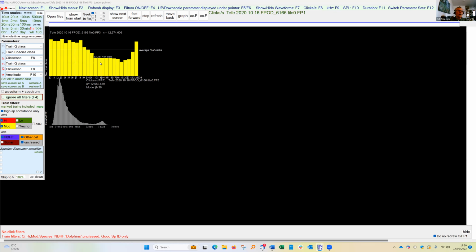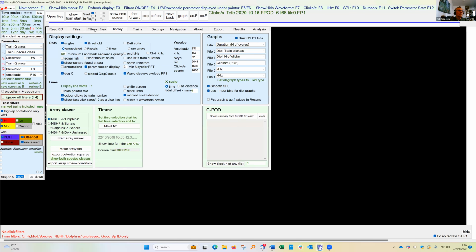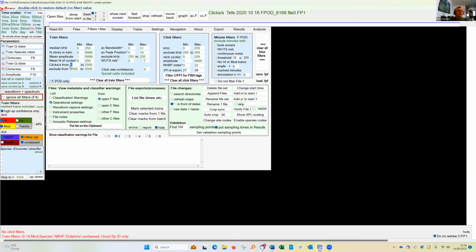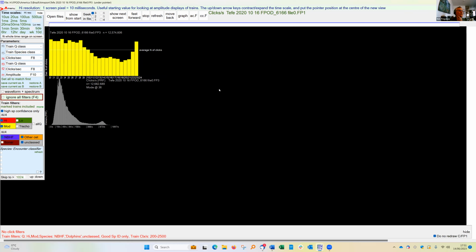Oh, there's a nice DL pattern there, but there's a kind of trough here in the distribution, and a hump of faster click trains up there that are clearly very fast. So what I'm going to do is put in clicks from, say, 200 clicks a second upwards.